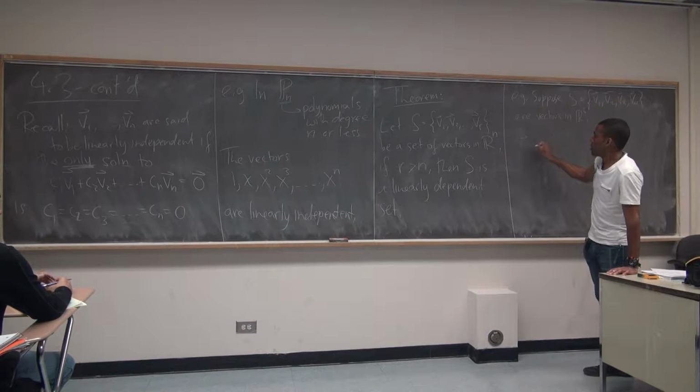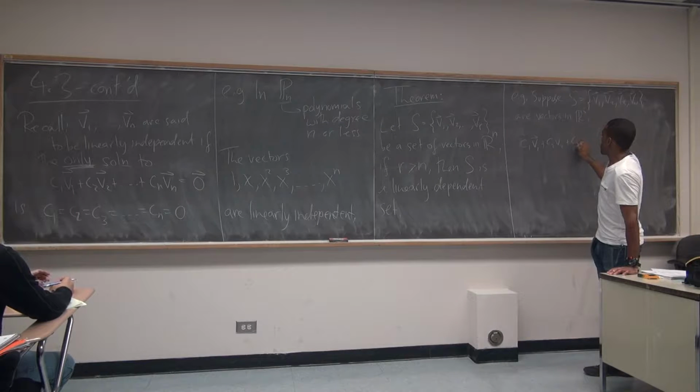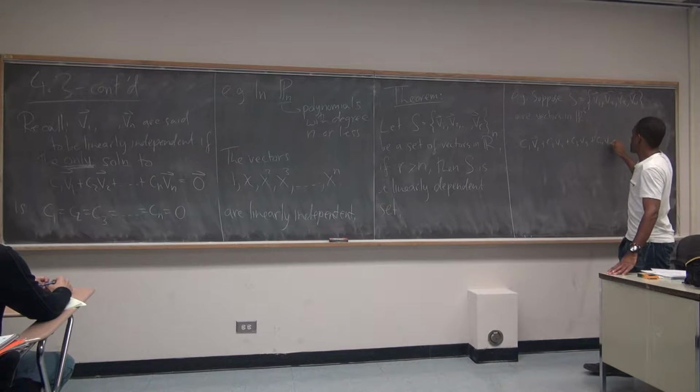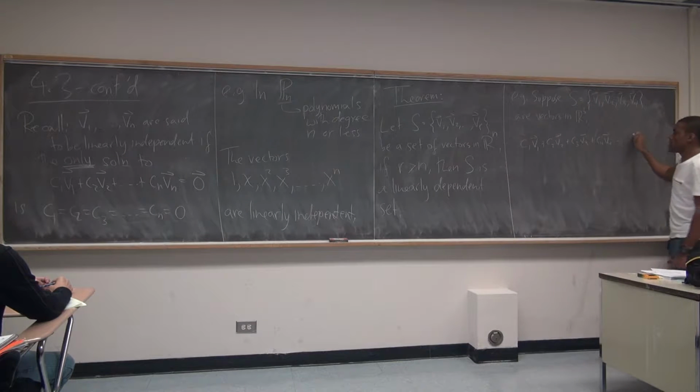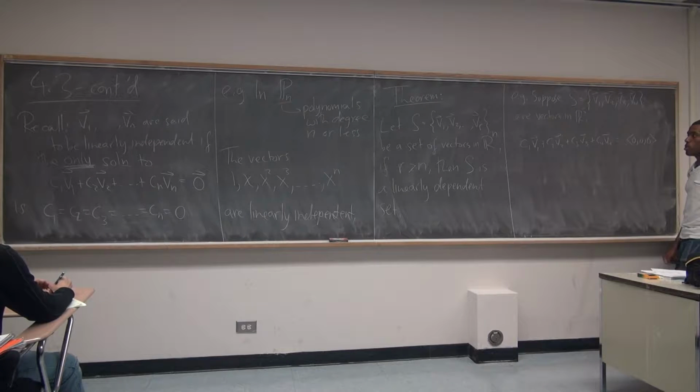So we'd go C1 V1 plus C2 V2 plus C3 V3 plus C4 V4 equals the 0 vector in R3. Well, what would that mean? If one of the C's is not equal to 0, that means it would be linearly dependent, right? How would I go about showing that this is linearly dependent?